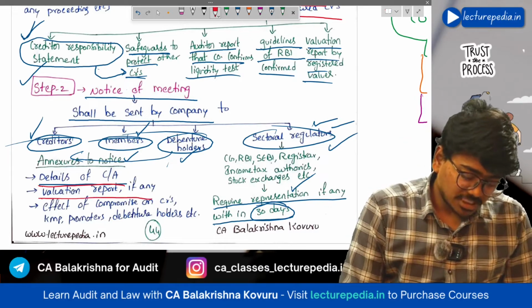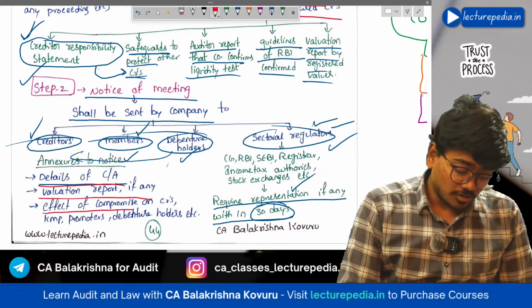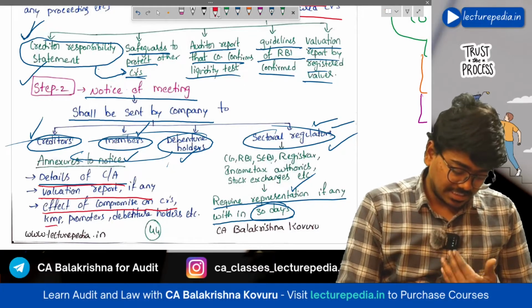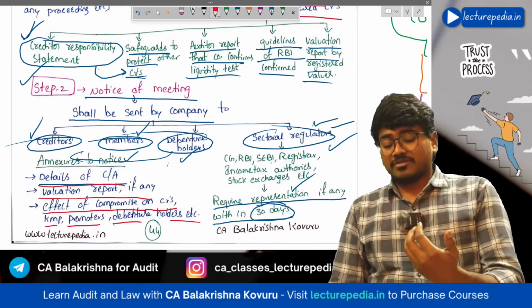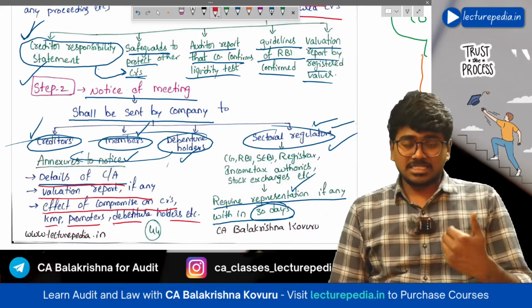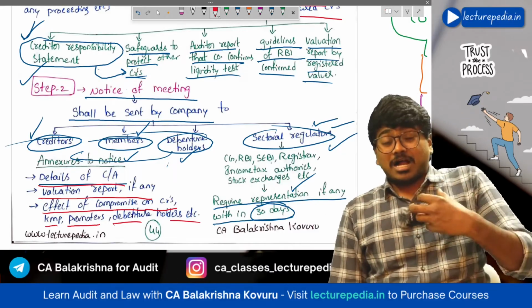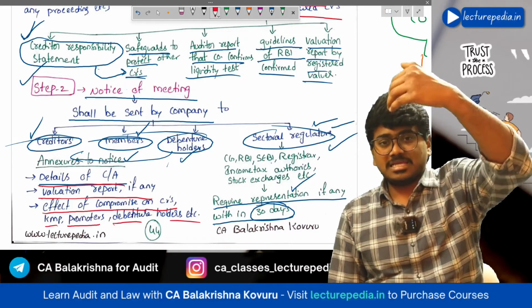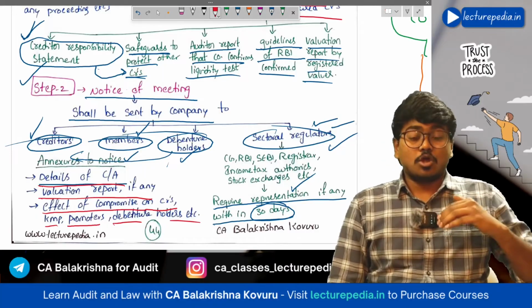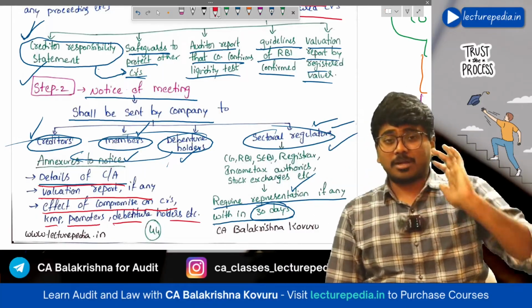Next, the valuation report if any, and the effect of the compromise on creditors, key managerial personnel, promoters, debenture holders, etc. If this compromise or arrangement is entered, what effect will it have on the creditors, on the key managerial personnel, on the promoters?